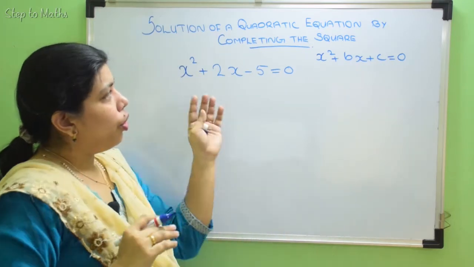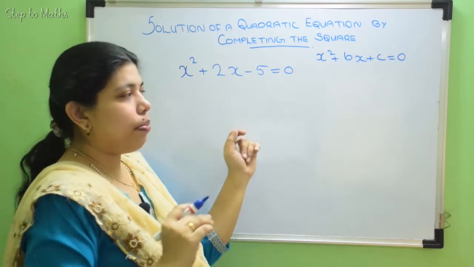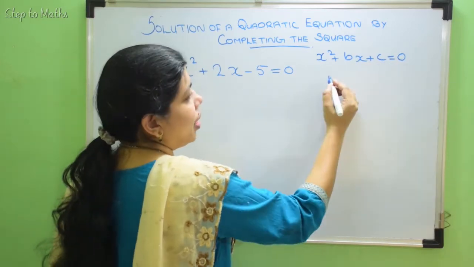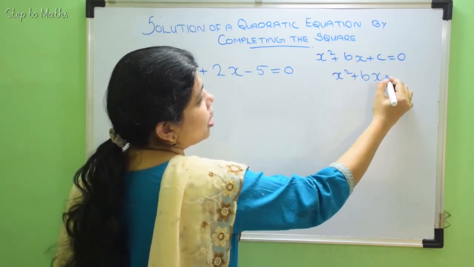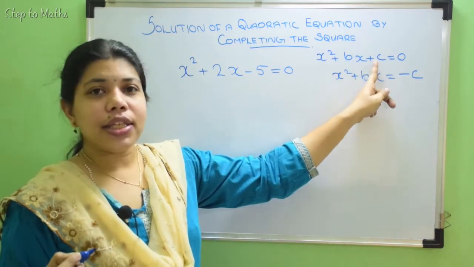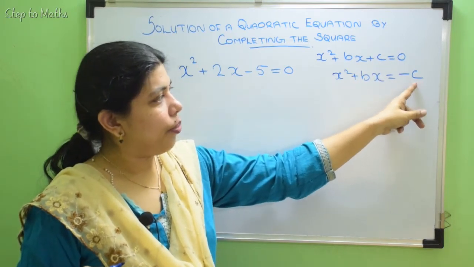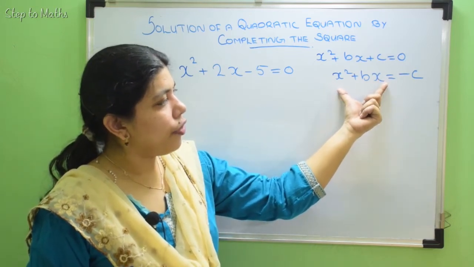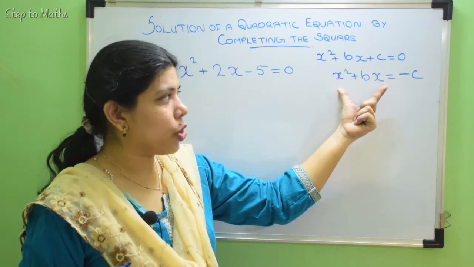Then to convert this into the form of a complete square, our first step is to transfer the constant part to the right side, that is x square plus bx is equal to minus c. c is the constant part, so transfer it to the right side. And our next step is to change the left part into the form of a complete square.